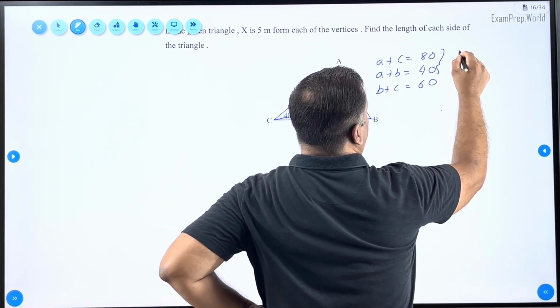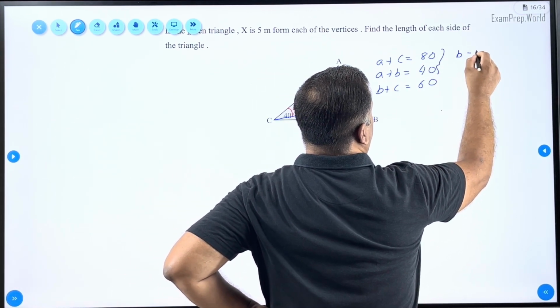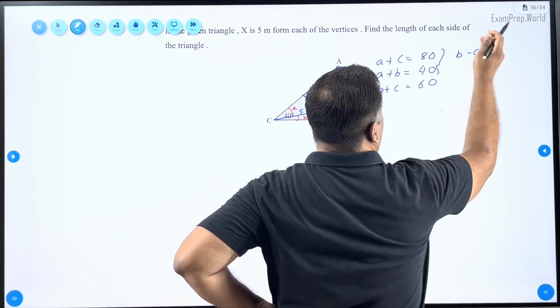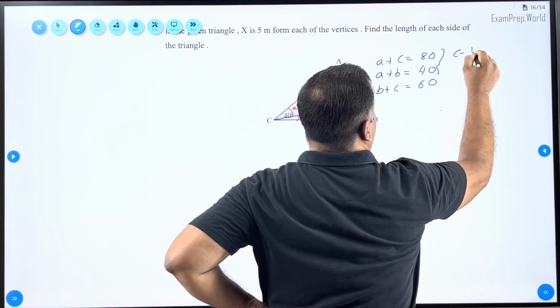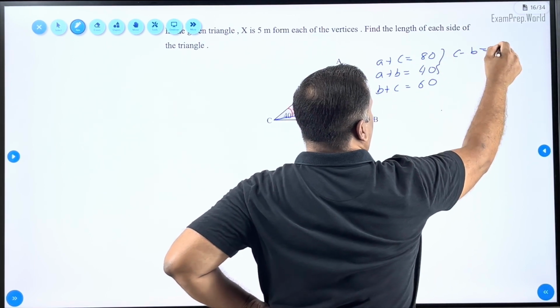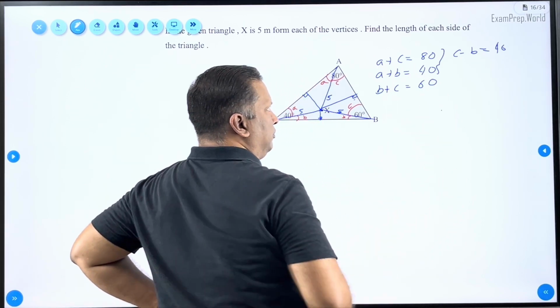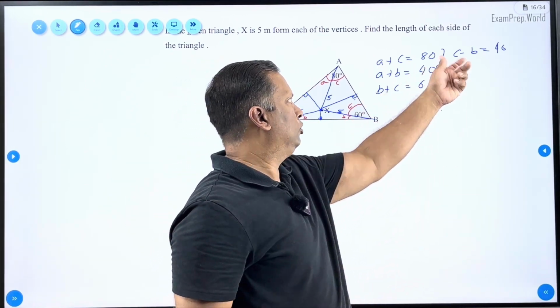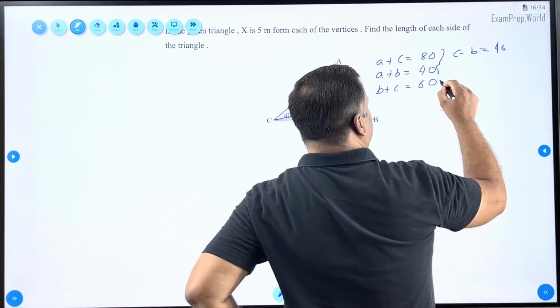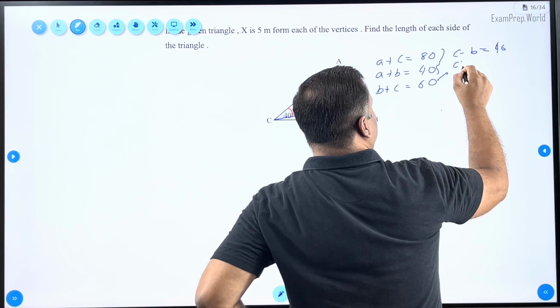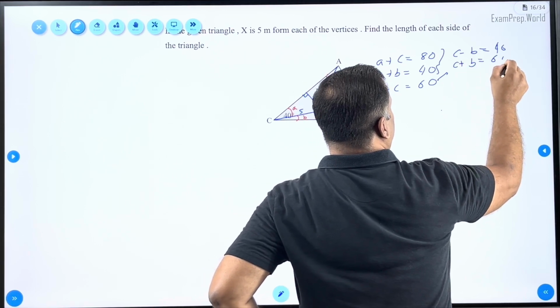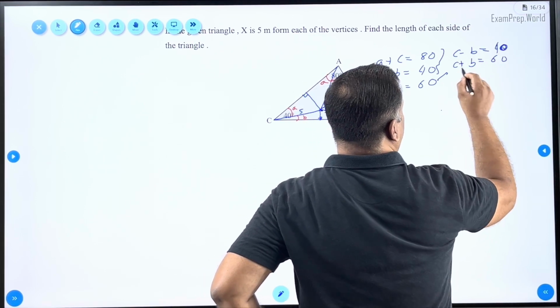I will use this and I will subtract. So what will I get? B minus C is equal to minus 40, or I will write C minus B equals 40. A will cancel. And this I am going to write here: C plus B equals 60, right?